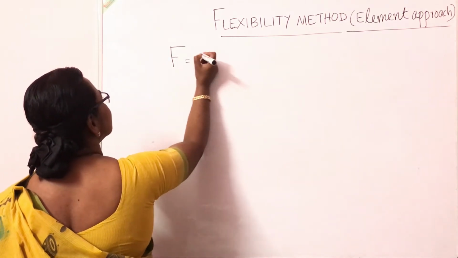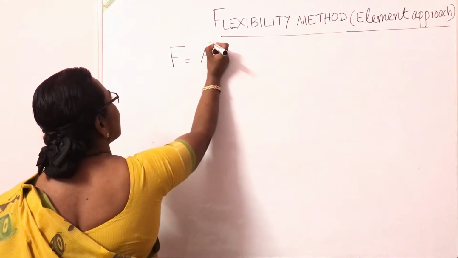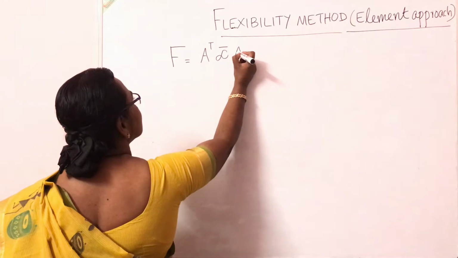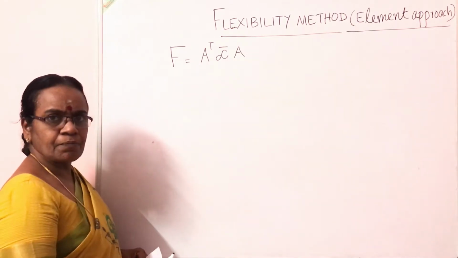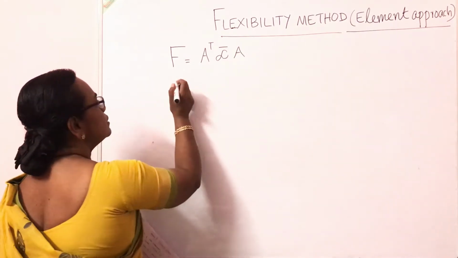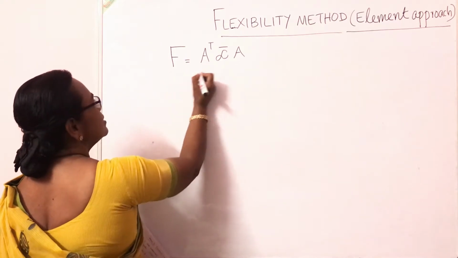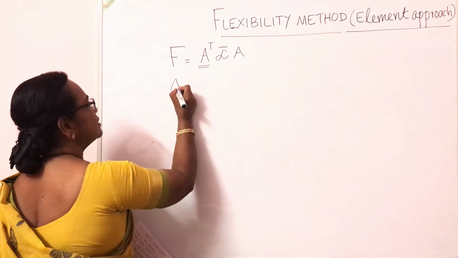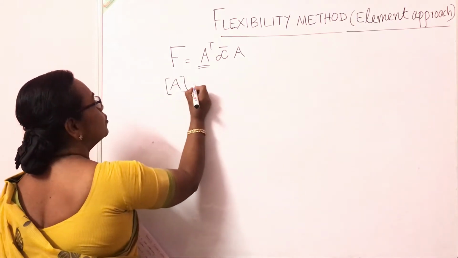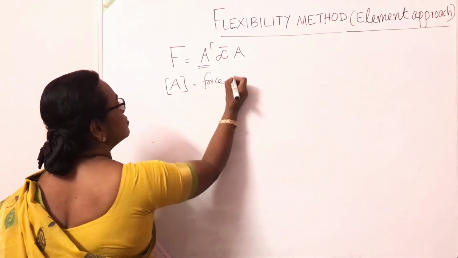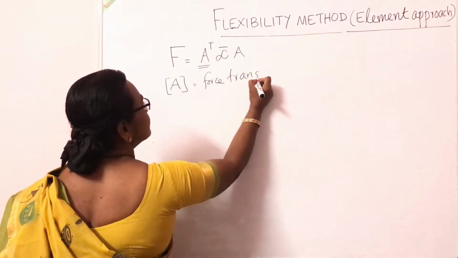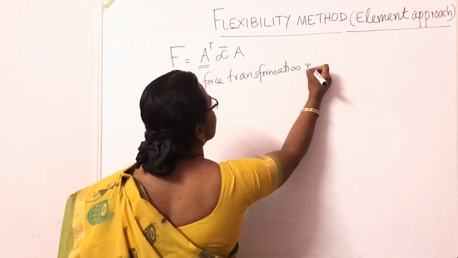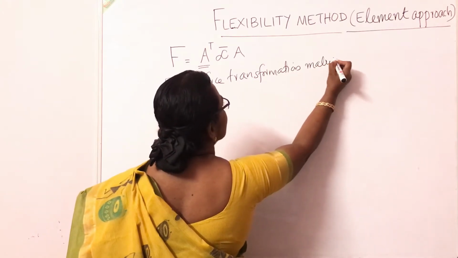F is equal to A transpose alpha bar into A, where F is the flexibility matrix. This A matrix is the force transformation matrix.